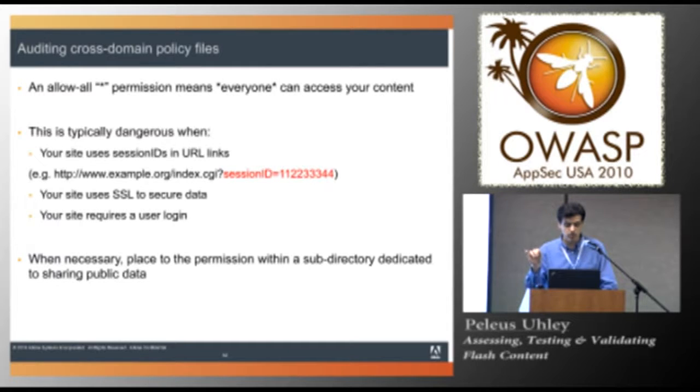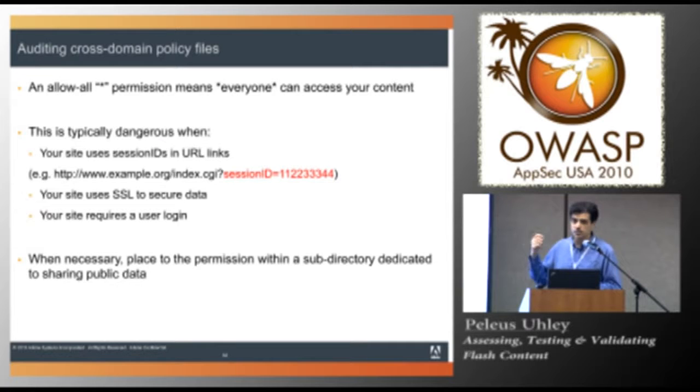You obviously want to avoid them in any site that uses SSL or requires a user login. If you're requiring a user login or SSL, chances are you didn't want to share data with other people. That's why you have the SSL connection set up in the first place.